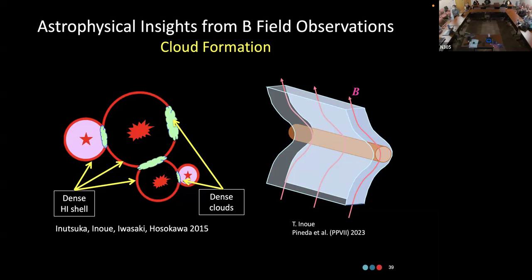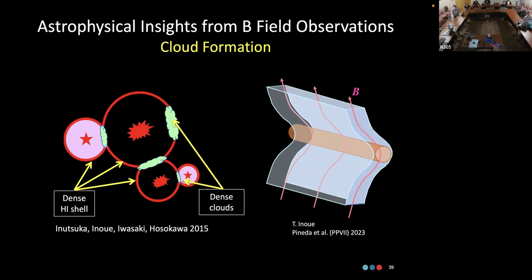So this arc-shaped magnetic field morphology is also predicted in some cloud formation models. For example, cloud formation of Inutsuka et al. 2015, where a multi-compression is needed to form filamentary molecular clouds.